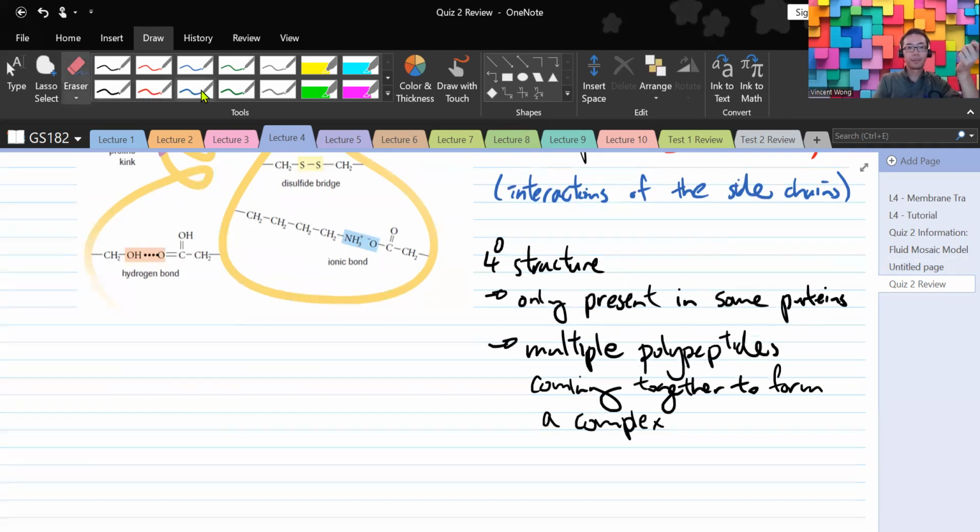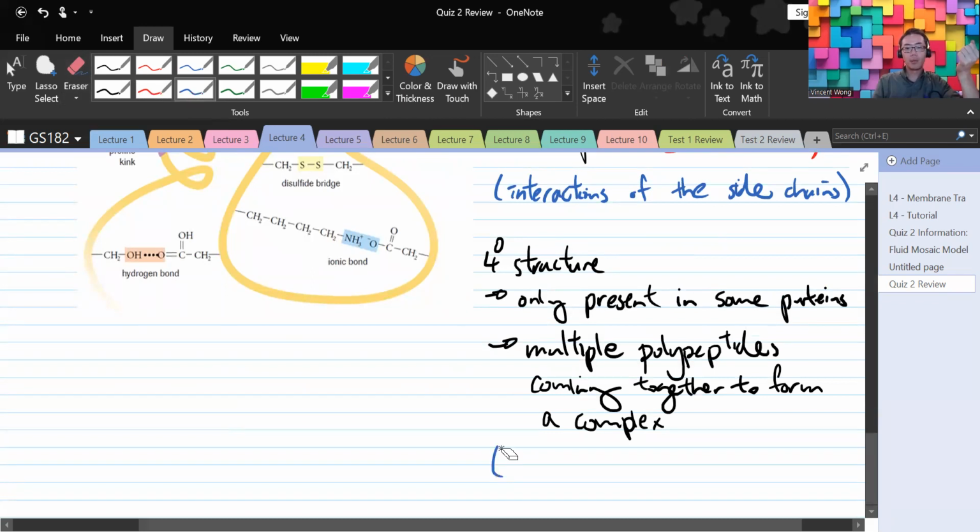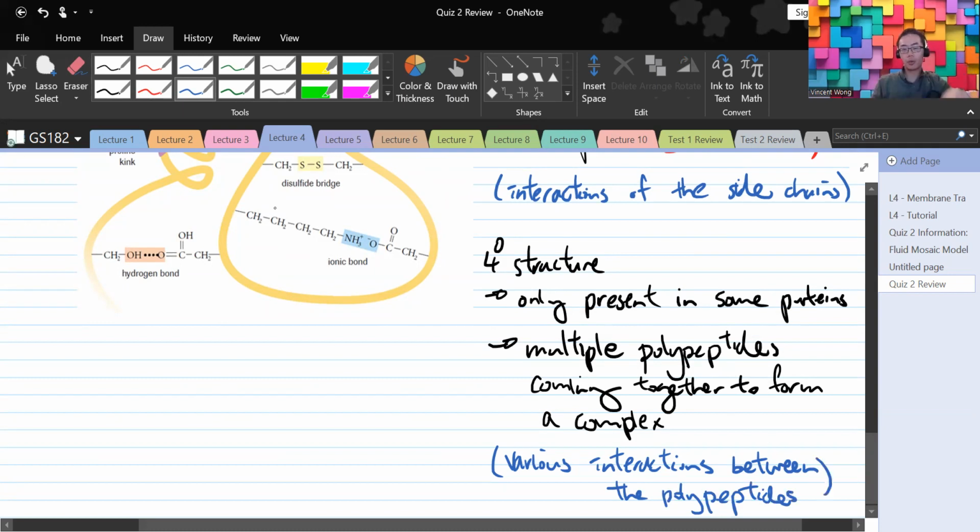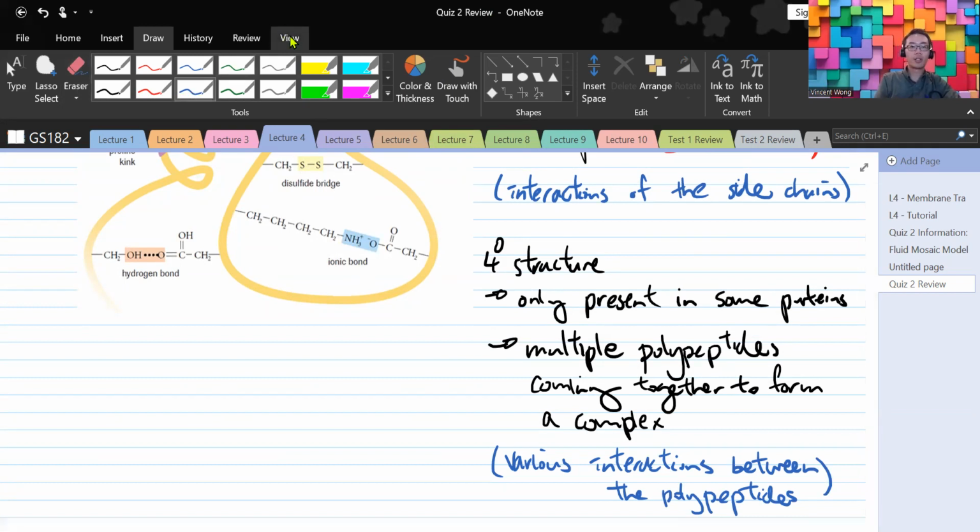What holds them together would be various interactions between the polypeptides. There could be more hydrogen bonds, there could be other similar forces, ionic forces, and so on and so forth.